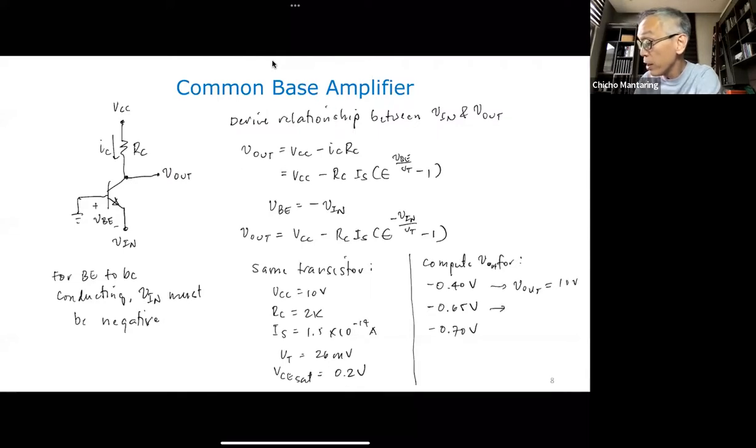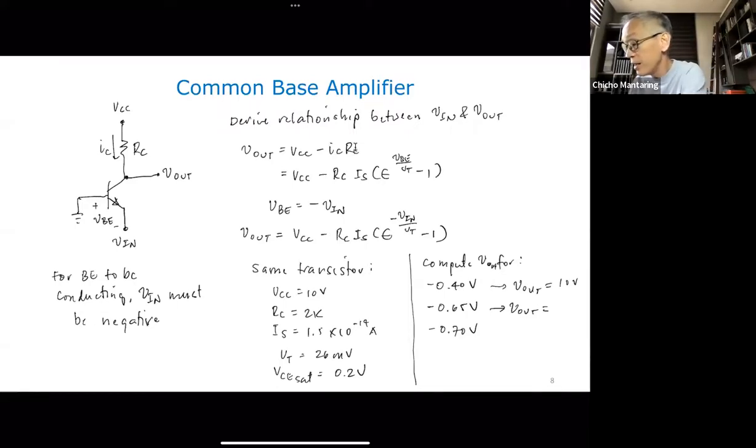Okay, what about for negative 0.65 volts? Can I see some answers? What is V out here? Okay, I have the correct answer.